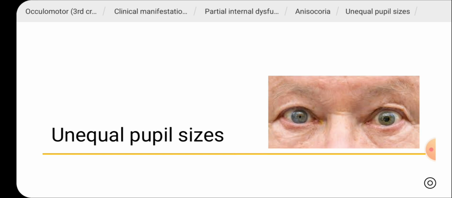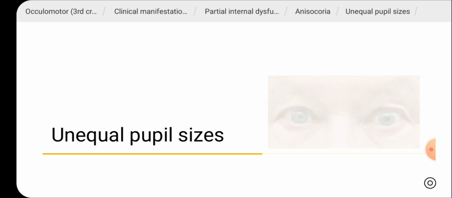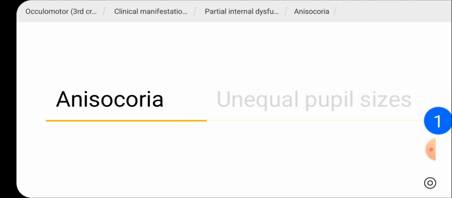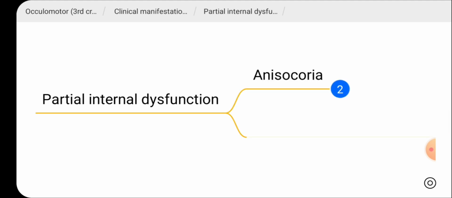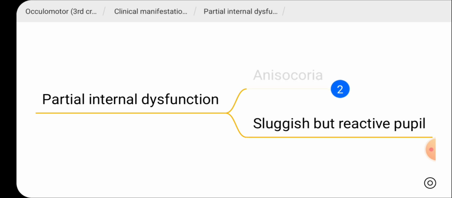If you check the pupillary sizes of the patient, it will look like it is seen in this image. And also in partial internal dysfunction, there is a sluggish but reactive pupil.